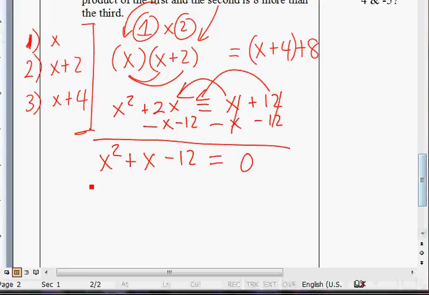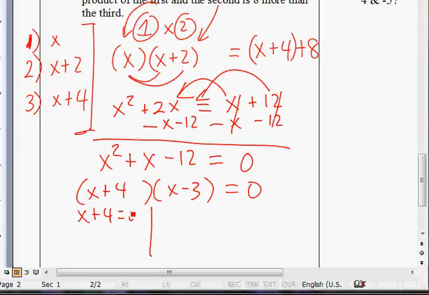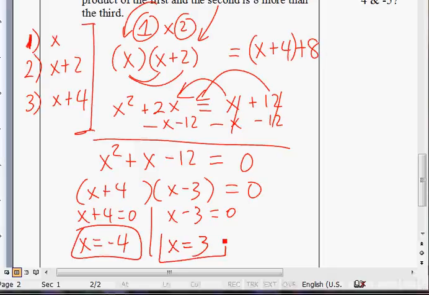Okay, now let's factor again. We have x plus 4, x minus 3. Right. Set the factors equal to 0. And we have answer x equals negative 4 and x equals 3.